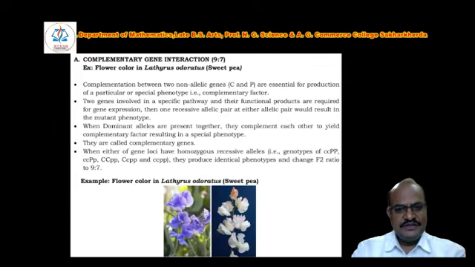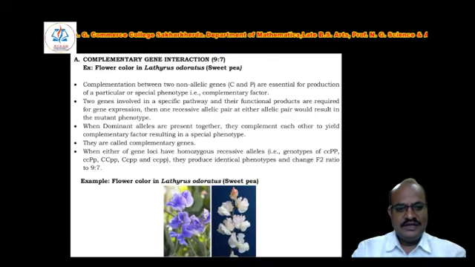Complementation means it is the interaction between two non-allelic genes, meaning they are not members of an allele pair, and their presence is required for the expression of a particular phenotype.